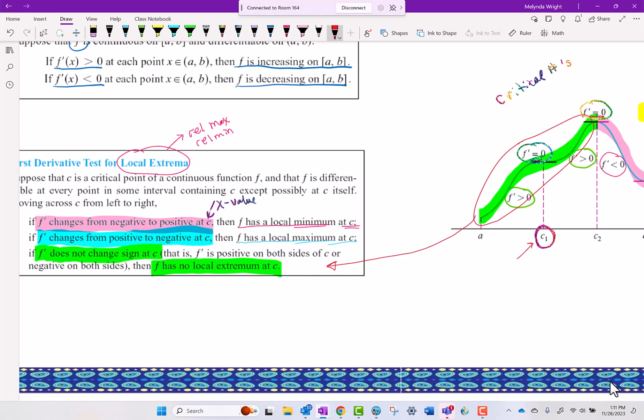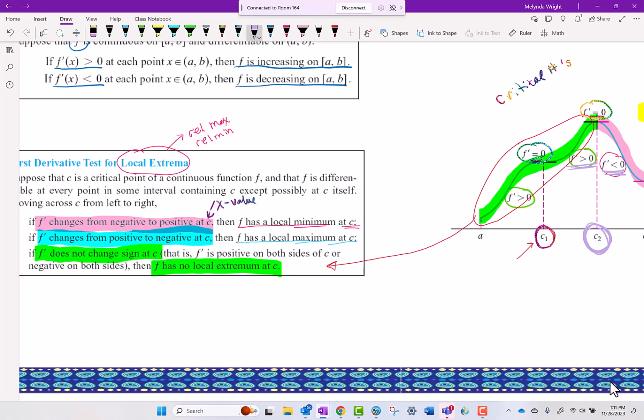So now let's look at C2. This is our second critical number or critical point here at C2. So let's look at what's happening here. At C2, f prime is going from positive to negative.